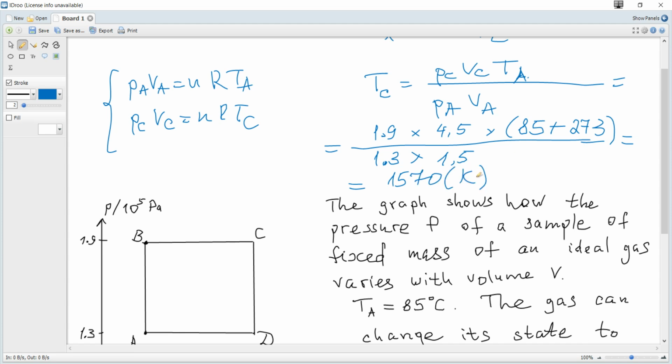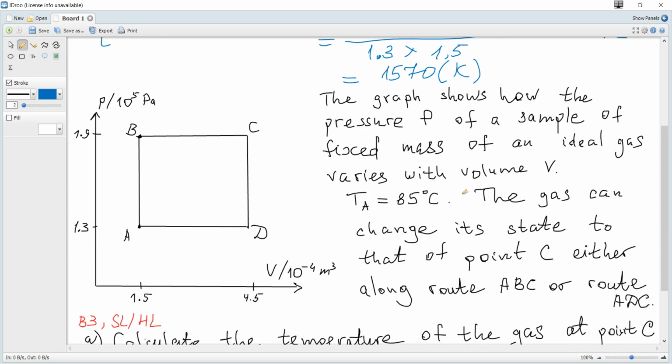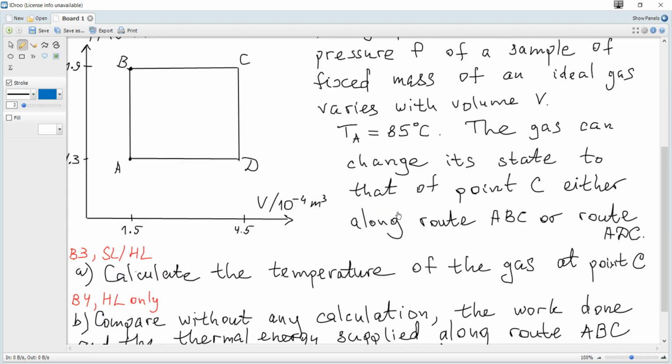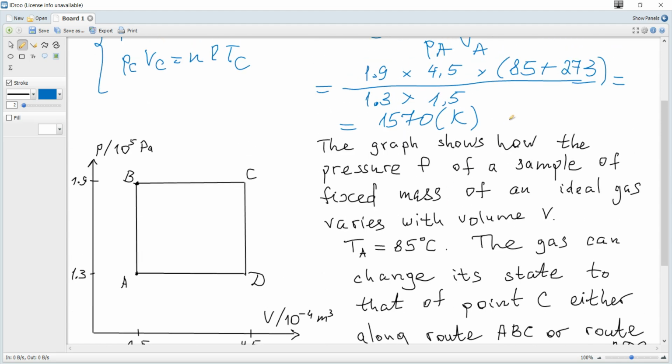1570 kelvins. And if it is required, you then convert into degrees Celsius. You just subtract 273 and it is equal to 1300 degrees Celsius. It is not specified, so we can give our answer in kelvins or degrees Celsius.